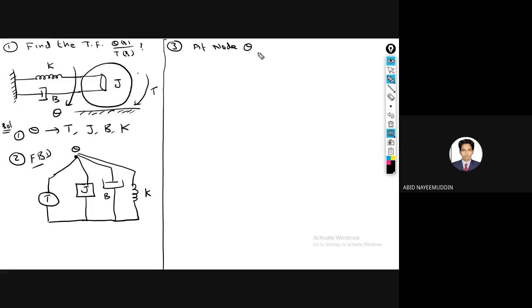Now here there is only one node, hence at node theta, what is the equation? Input is torque T, just like KVL.